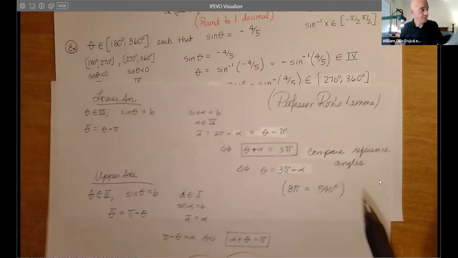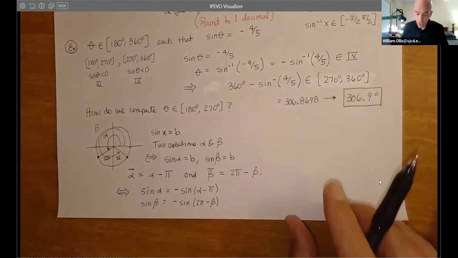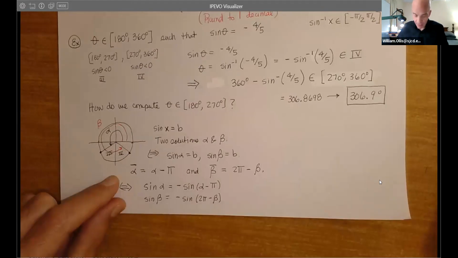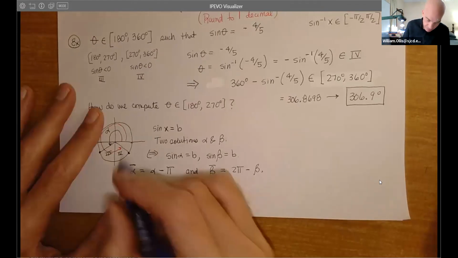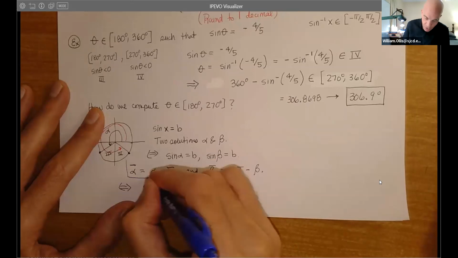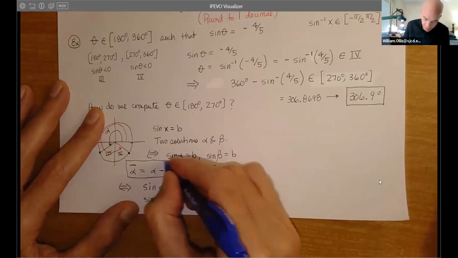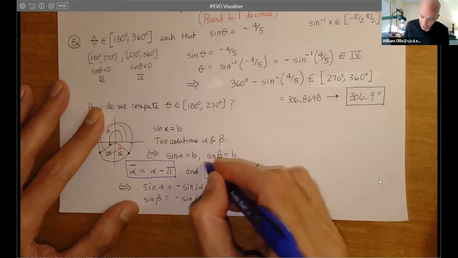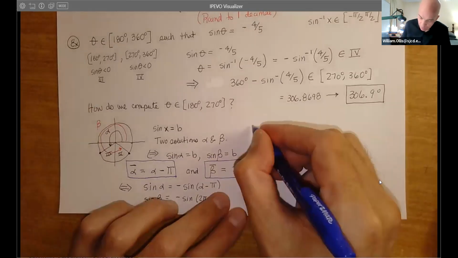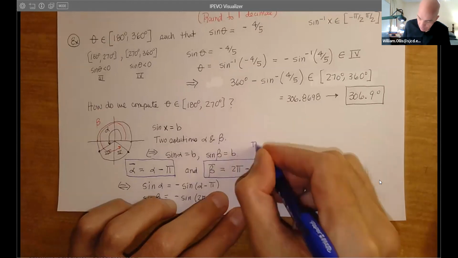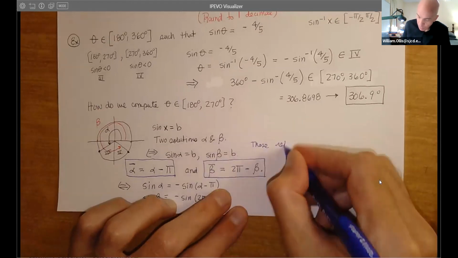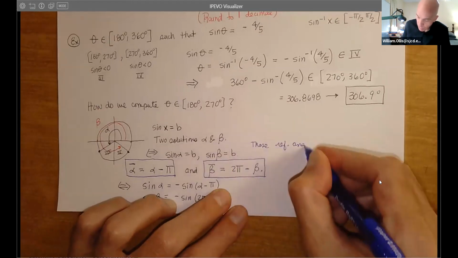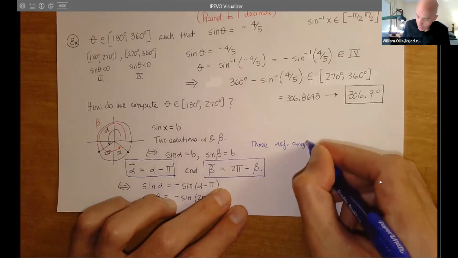So let's do that. Now notice these two reference numbers are equivalent. I don't want you to think I'm making it up. So these reference numbers or reference angles are equal.